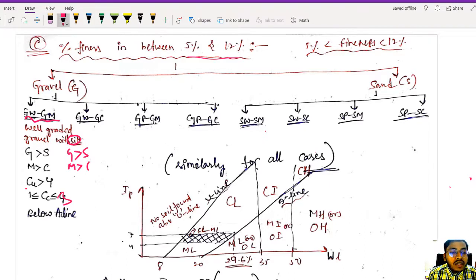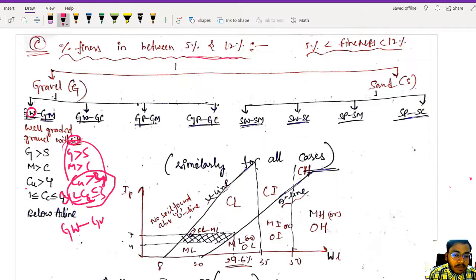Okay, to get well graded, you know the specifications, your CU value should be greater than 4 and your CC value, I wrote 4 here by mistake, you already know, you are masters by this time, your CC value should be in the range of 1 to 3. Okay, so if your CC is in the range of 1 to 3, then we will be calling it well graded. So if all these conditions are satisfied, then we will be calling it GW GM. Okay, obviously it is silt, so below the A line.